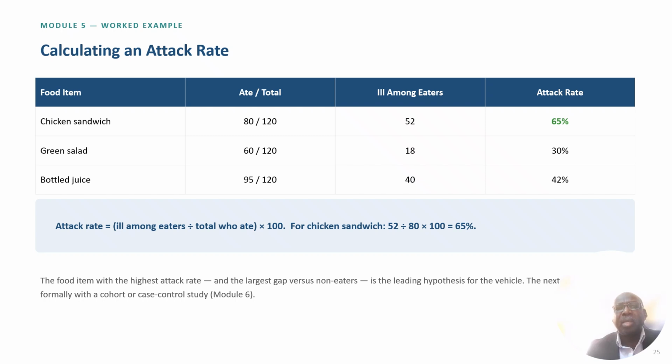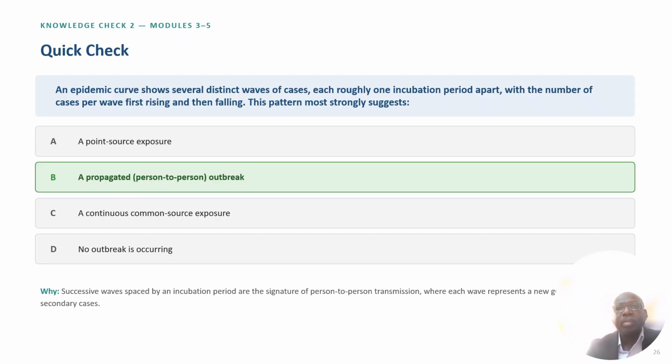When we divide 80 over 120, it is around 65% attack rate, and the attack rate among those who are ill is 72. The attack rate should be calculated among those who ate and among those who did not eat, because finally we have to come out with the odds ratio as well. This is a classical scenario that shows how to identify the patterns of the disease.